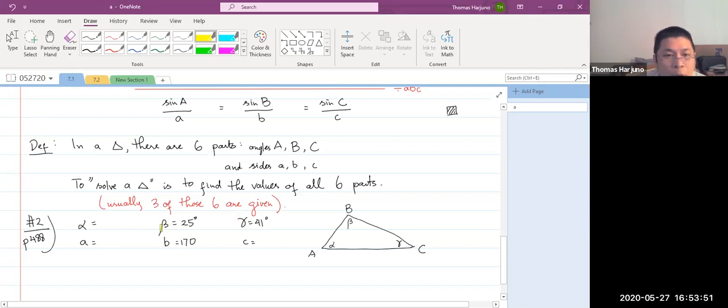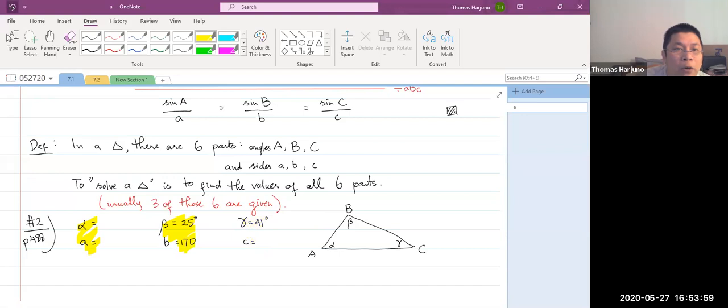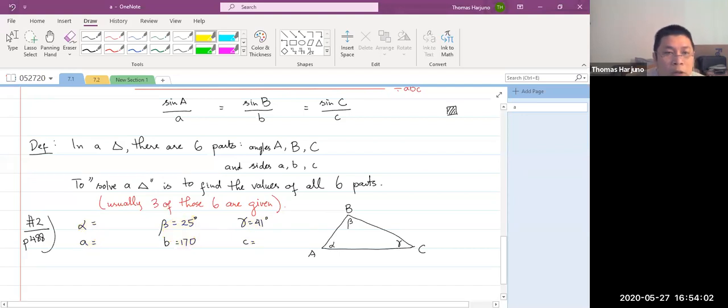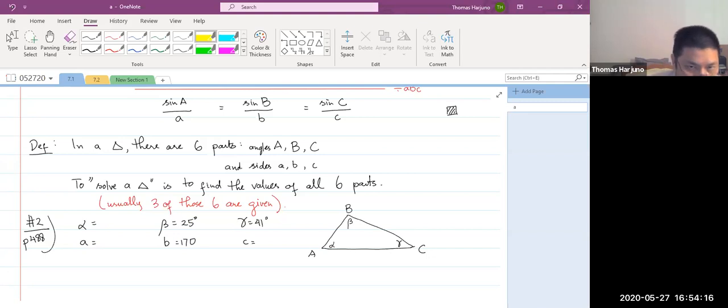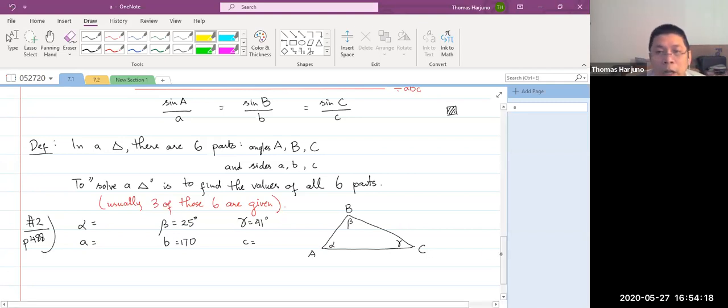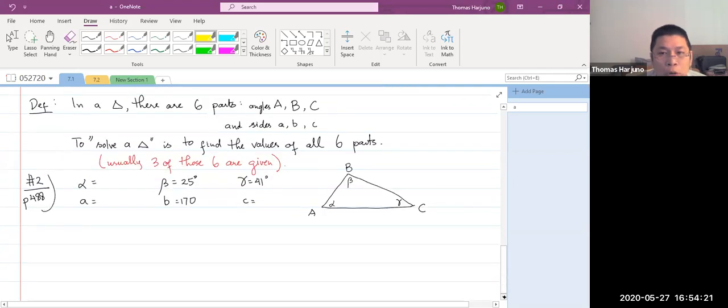We use law of sine if we have one pair known, either this pair or this pair or this pair. Otherwise, we supplement that using law of cosine. So things that cannot be done using law of sine will be done by law of cosine. Now, the question in number 2 here is to solve the triangle. Solving the triangle is finding the rest.